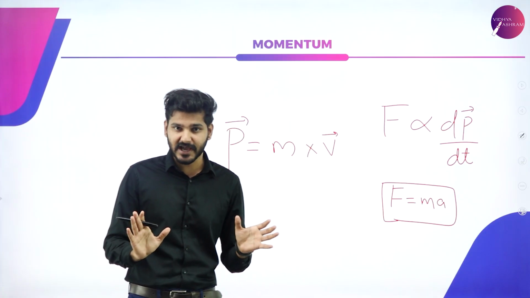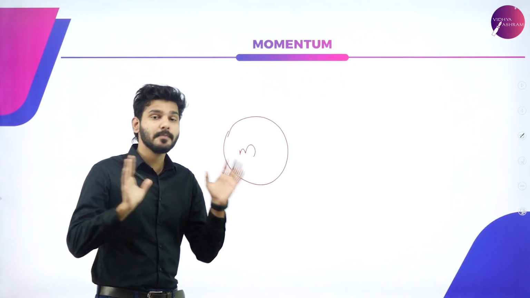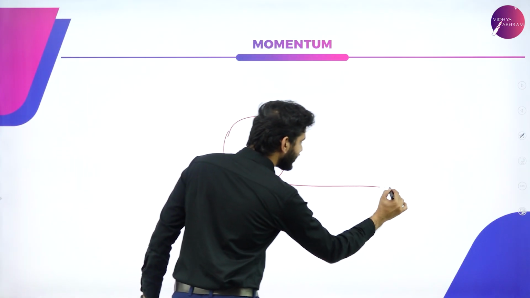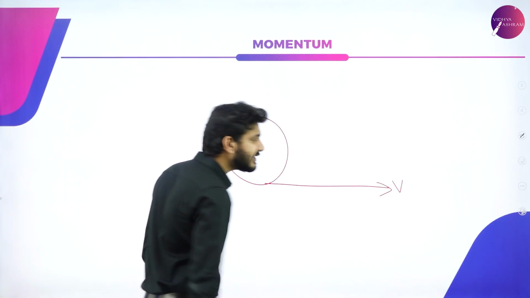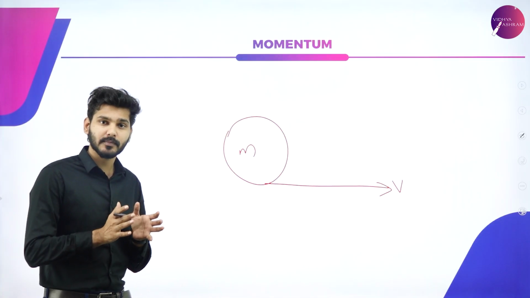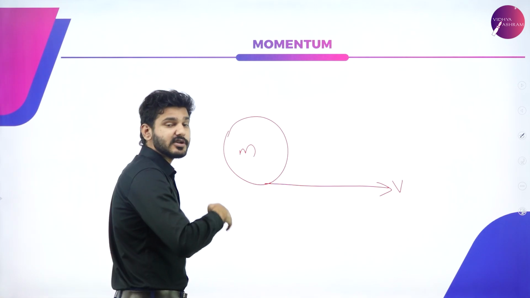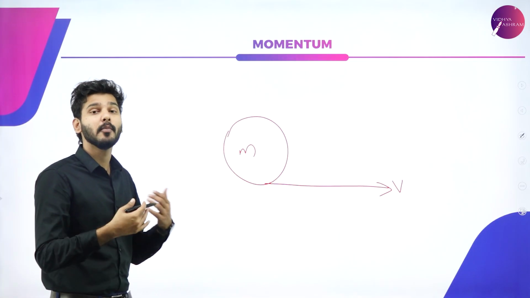Just imagine it like this. If there is any body that has mass m and it is moving with a particular velocity v, then we can say that that particular body will attain what is known as momentum. So this quantifying of this particular movement is known as momentum.